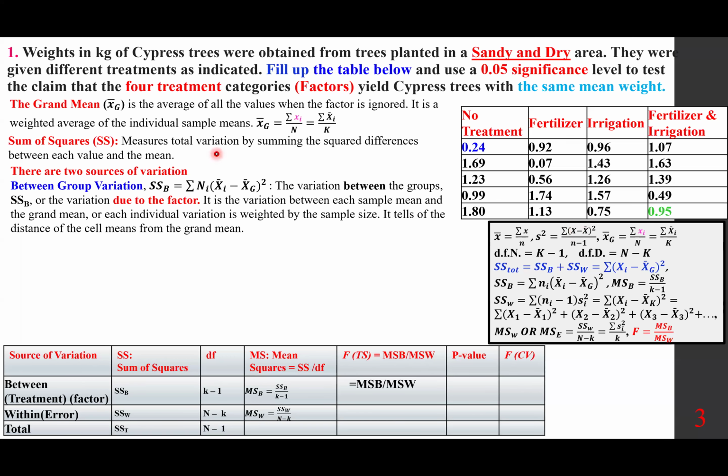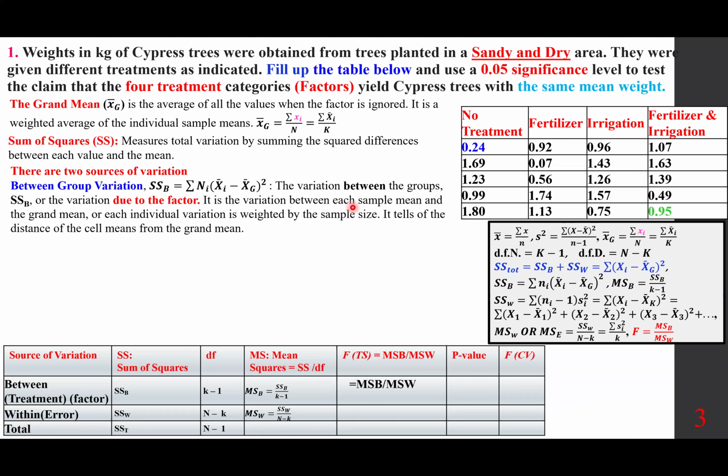There are two sources of variation. Between group variation, SS sub b, which is the summation of n sub i times x bar i minus x bar g, quantity squared. The variation between the groups, SSB, or the variation due to the factor.